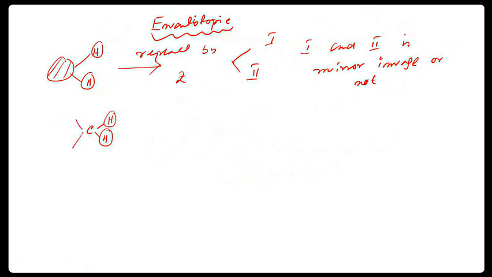We'll just look at the two different groups. If the carbon has two different groups R1, R2, then normally these two protons are said to be enantiotopic in nature.